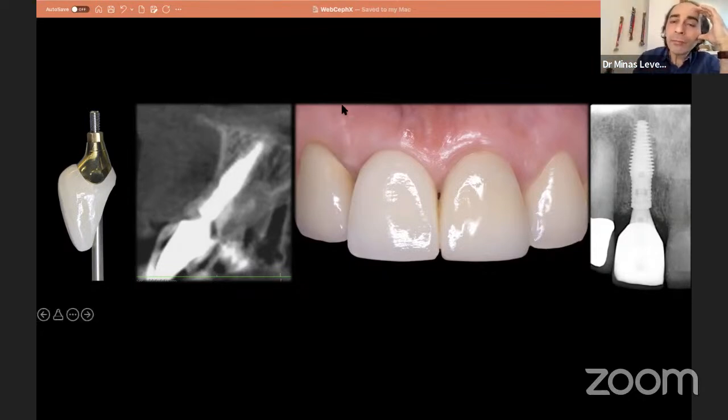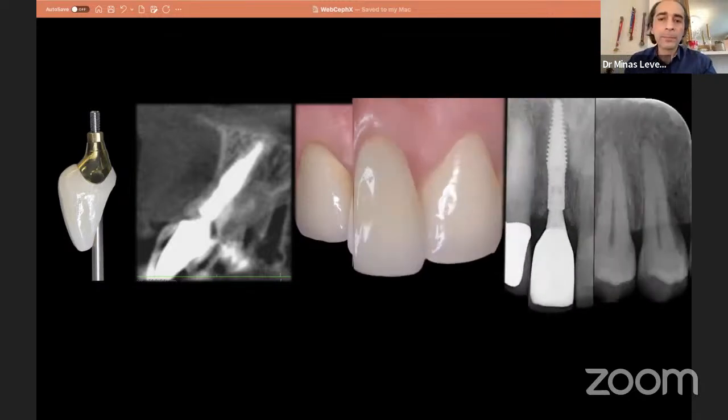That's why even in such cases, we are not afraid, we are not reluctant to use resorbable synthetics instead of a xenograft, and we get almost the same or sometimes even better aesthetic and biological results.